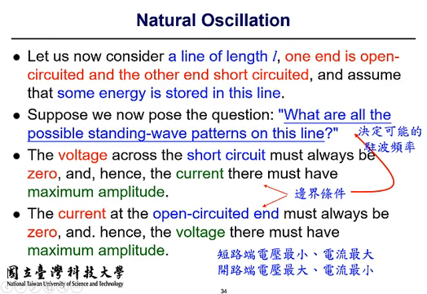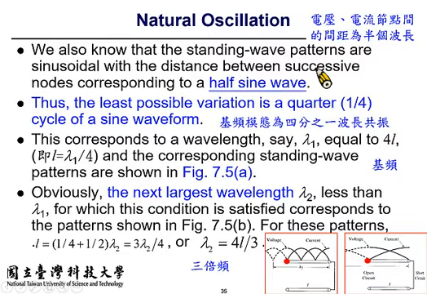And in this case, because one end is short circuit and the other is open circuit, the fundamental mode should be the so-called quarter wavelength resonance. Because in a quarter wavelength, you can satisfy the voltage node and current node at the two ends.